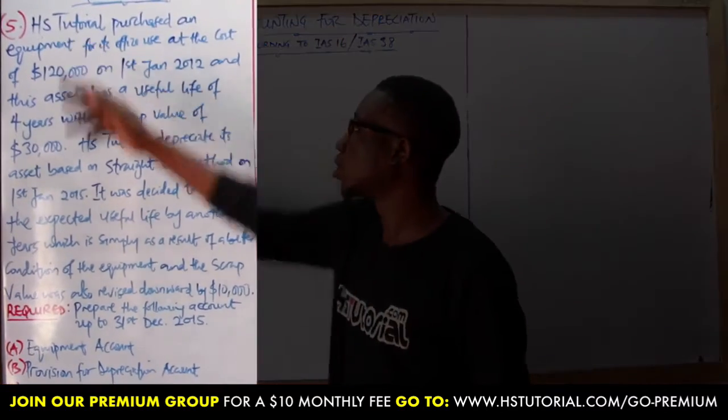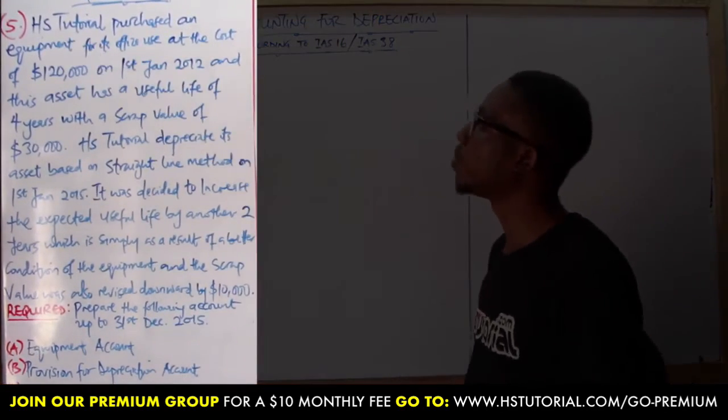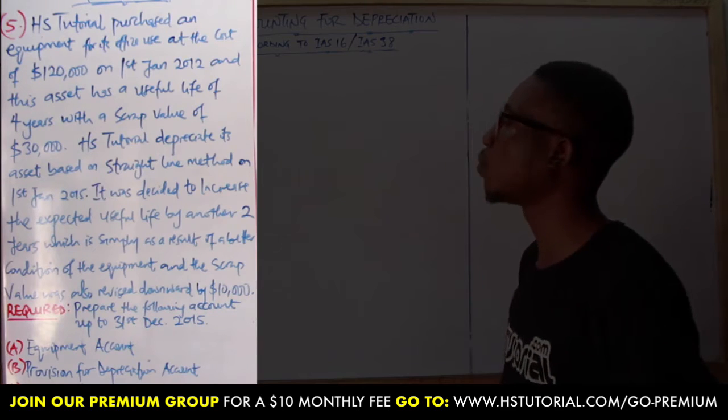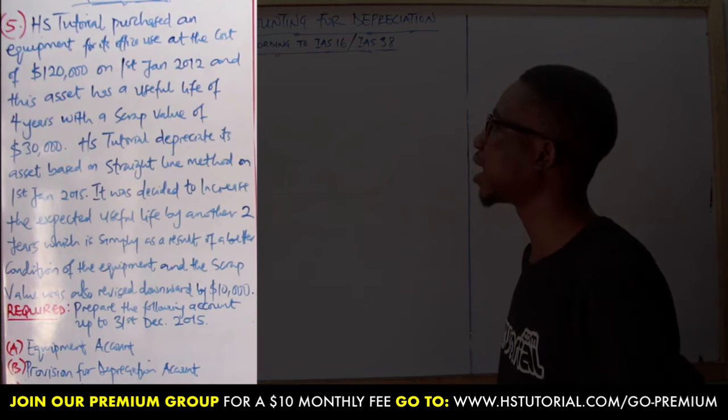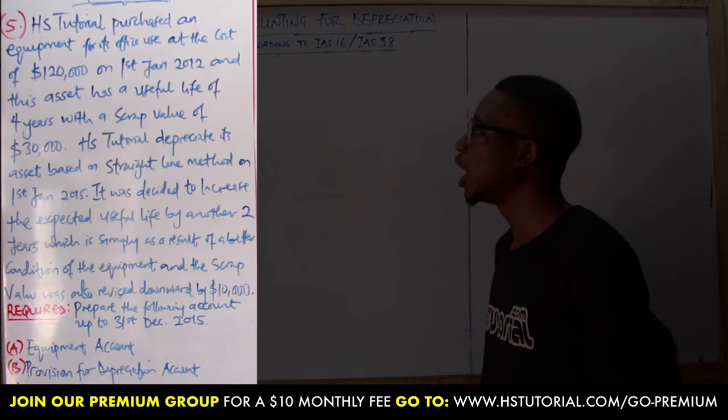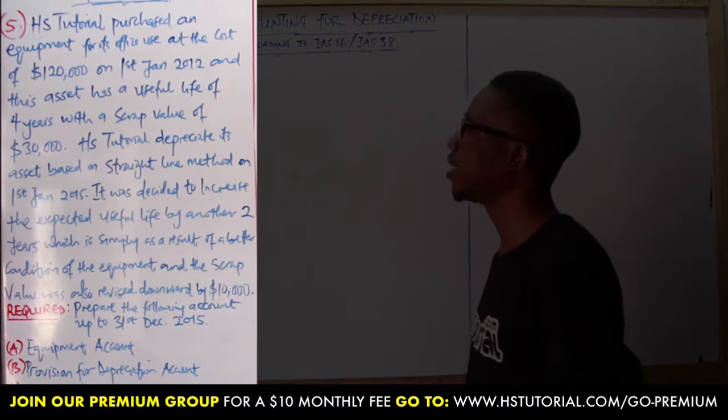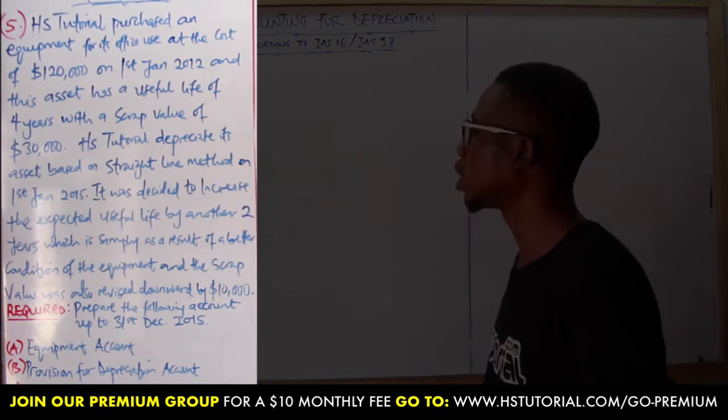The question goes thus: HS Tutorial purchased an equipment for its office use at the cost of 120,000 naira on 1st of January 2012, and this asset has a useful life of 4 years with a scrap value of $30,000. HS Tutorial depreciates its assets based on straight line method.